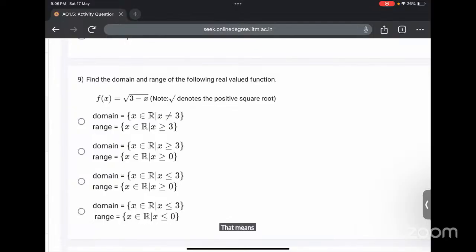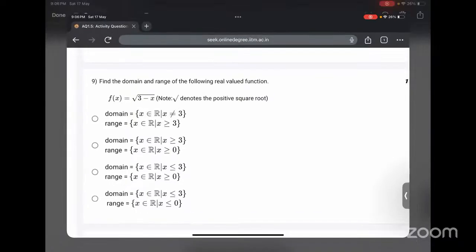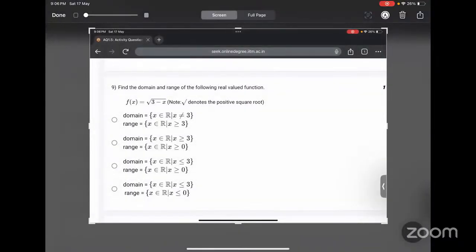That means the expression under the root should be non-negative, and we have to start with this condition. So 3 minus x should be greater than or equal to 0, that means x should be less than or equal to 3. So the domain will be x belongs to R such that x is less than or equal to 3. Now what should be the range?